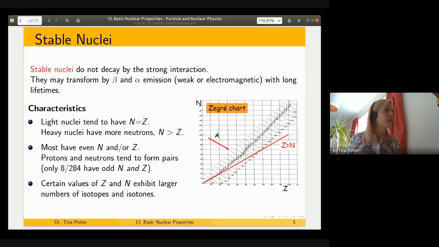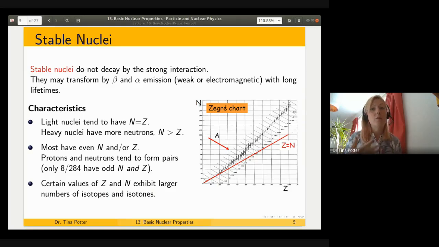It's a little bit of a misnomer here because we will be talking about decaying particles. When I talk about stable particles, it's particles that aren't going to decay via the strong interaction. If they decay via the strong interaction, that happens on a very, very short time scale, and so they are not considered stable.